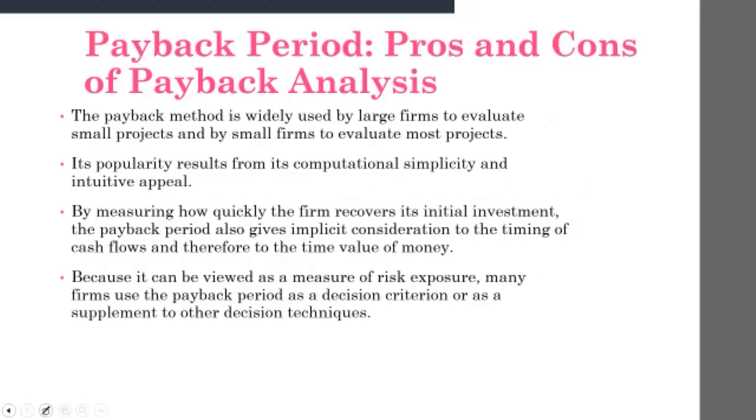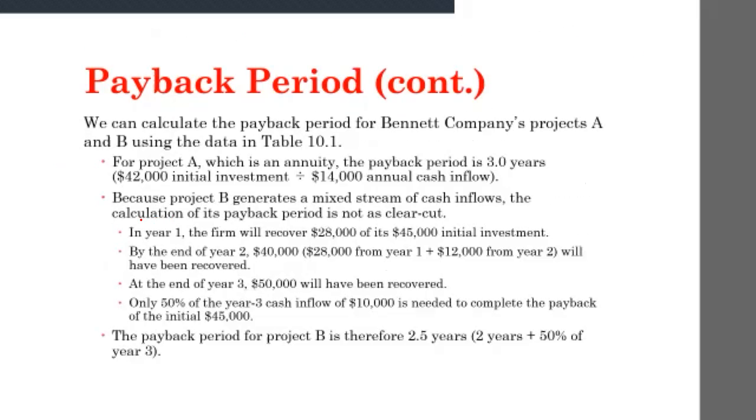So let's put it into an example. We can calculate the payback period for Bennett Company's Project A and Project B by using the data from Table 1, which is the same data. Project A is an annuity, because we see there's a constant flow each year of 14,000, so the payback period is 3 years.